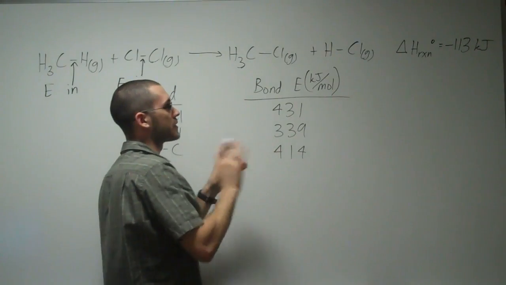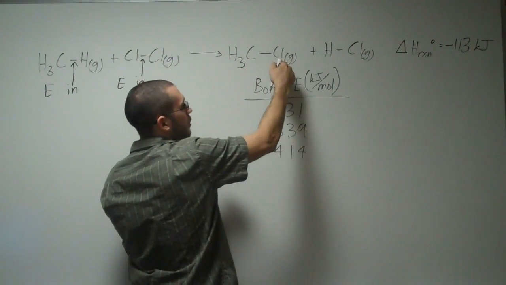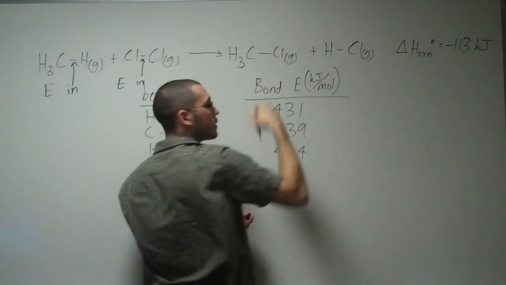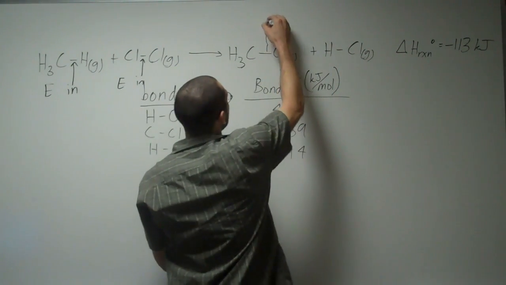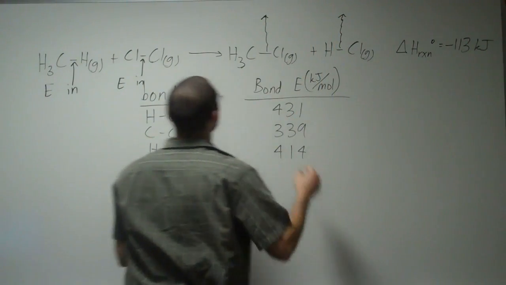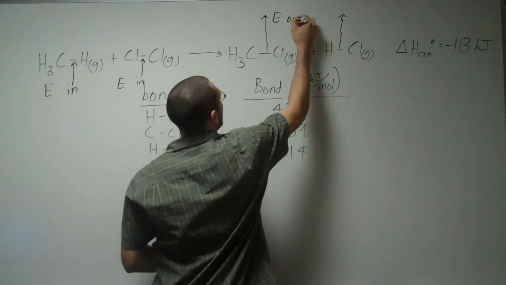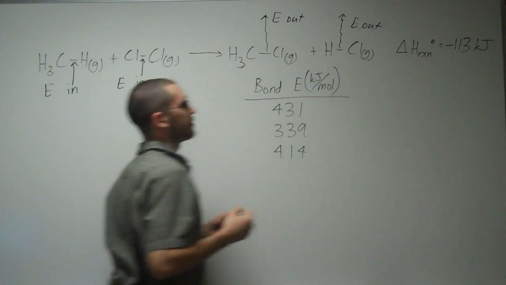The weird thing that throws everybody off, even me, is that whenever these bonds are formed, the CCl bond and the HCl bond, energy is given off. Energy out. Whenever a bond is formed, energy is given off.